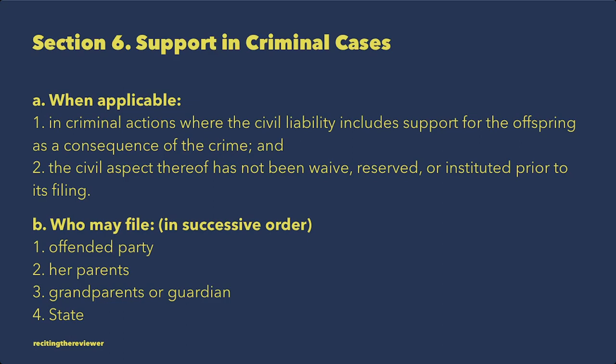Second, if there are no parents or the parents are not willing, the grandparents or the guardian of that offended party in number one. Or if there is none, in the doctrine or principle of parens patriae, it could be the state. So the state can file an application for support pendente lite.